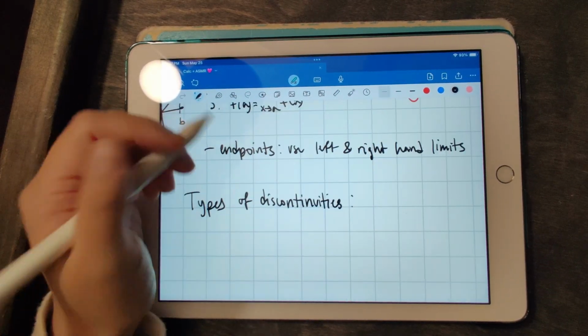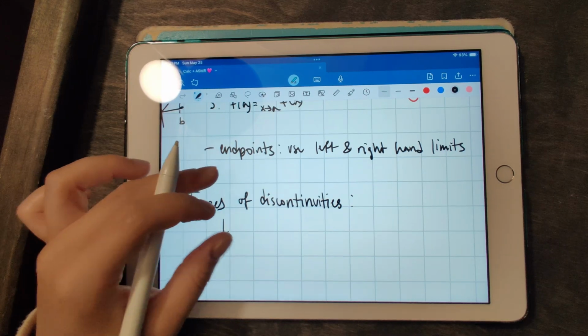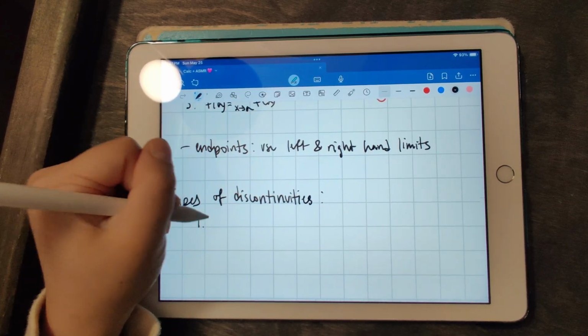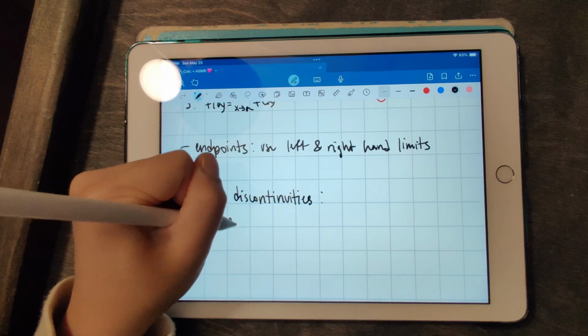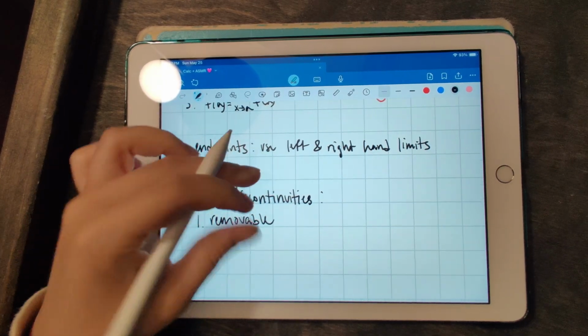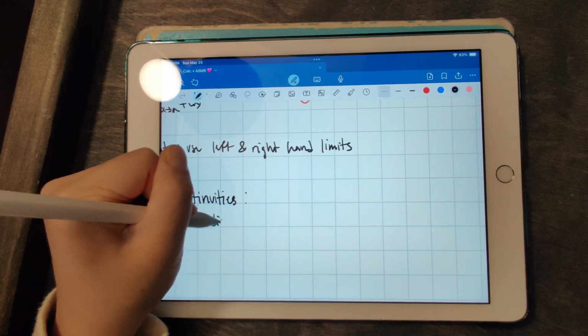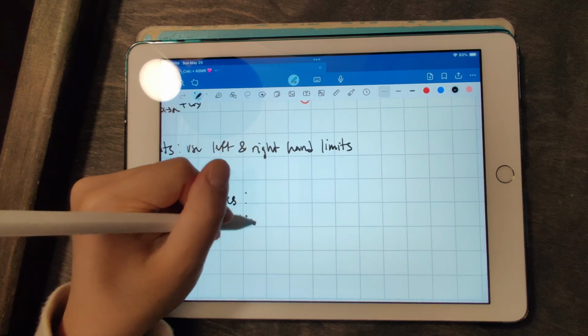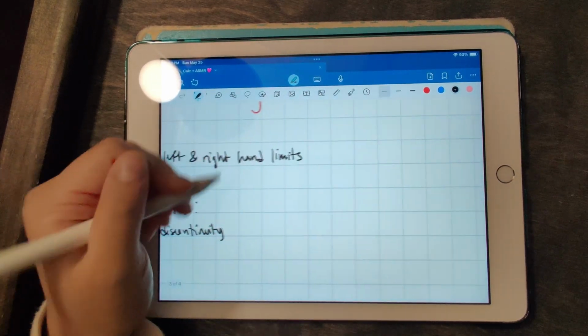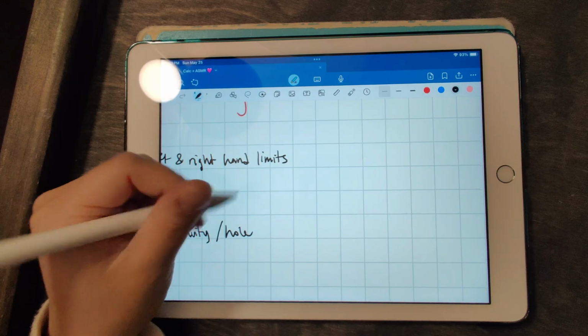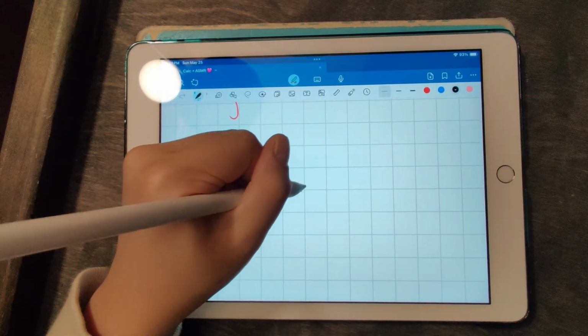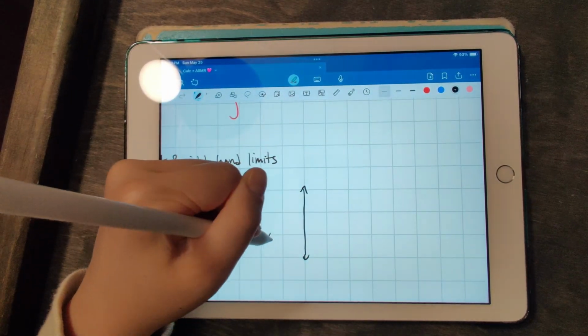The first one is what we would call a removable discontinuity, or a hole. This would be if the function looks something like this.